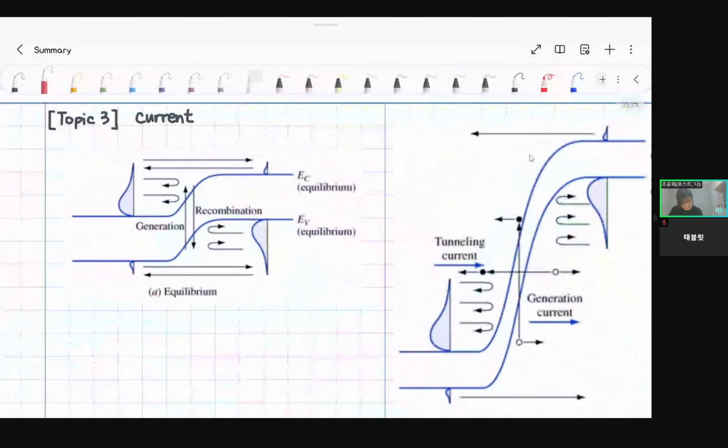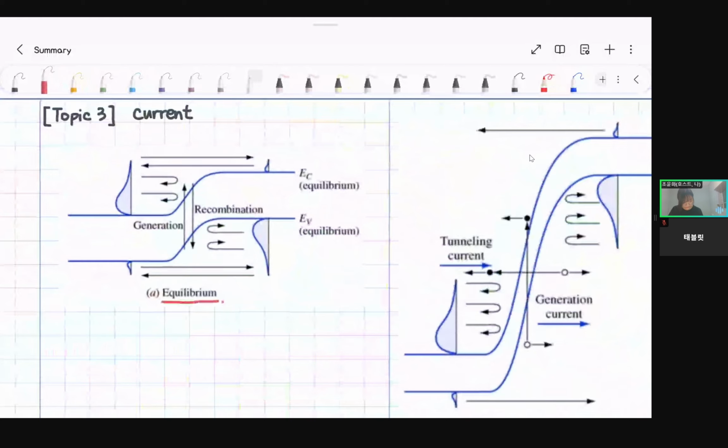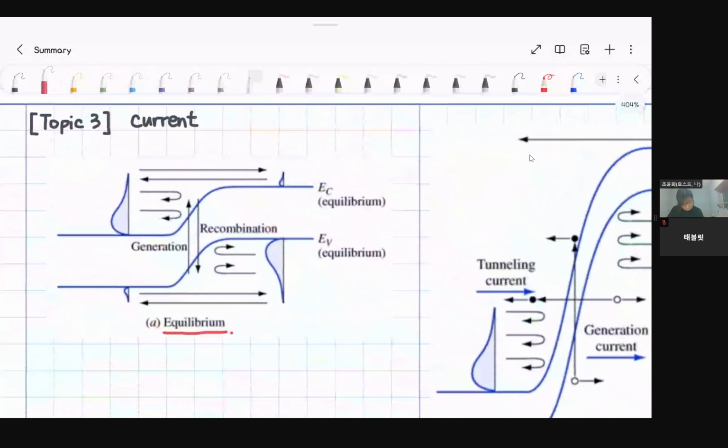The first case is the equilibrium state. It just has 3 kinds of current flow. First is generation and recombination, and then diffusion current.